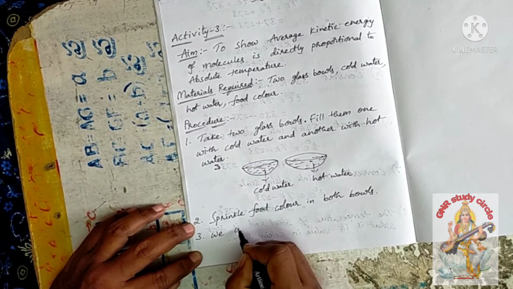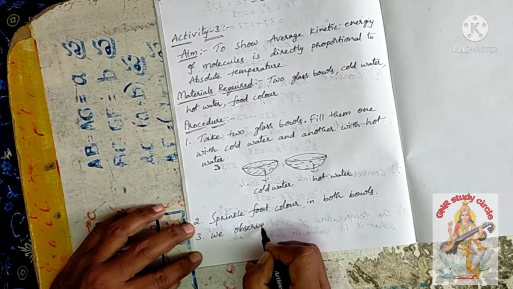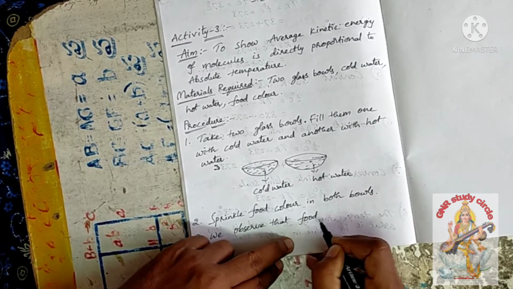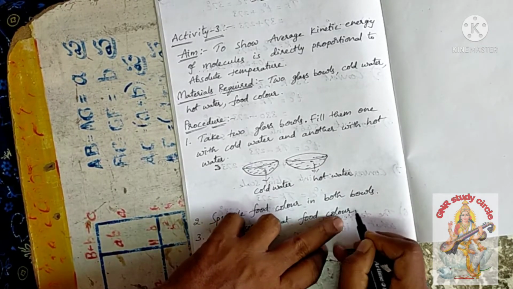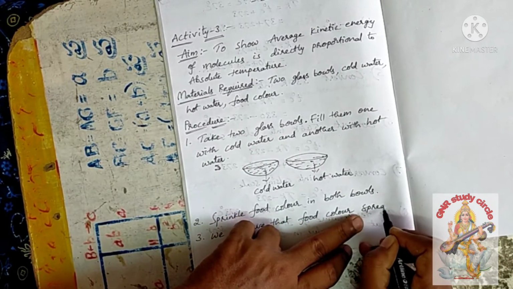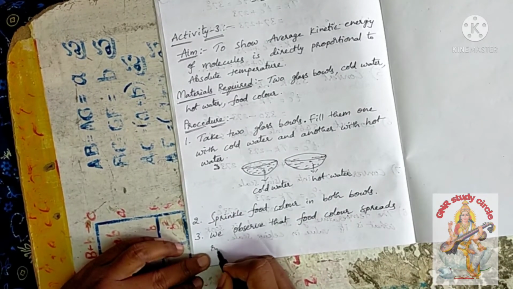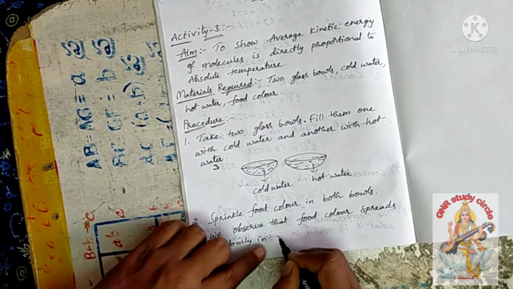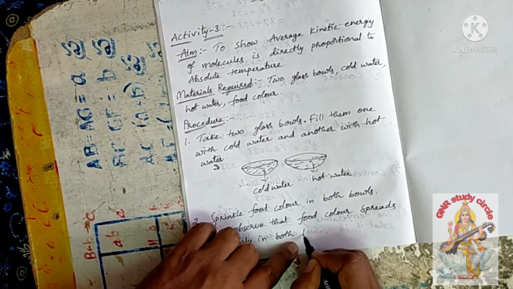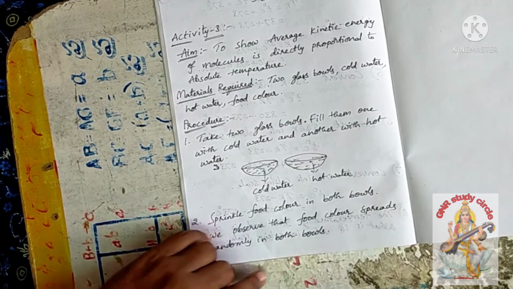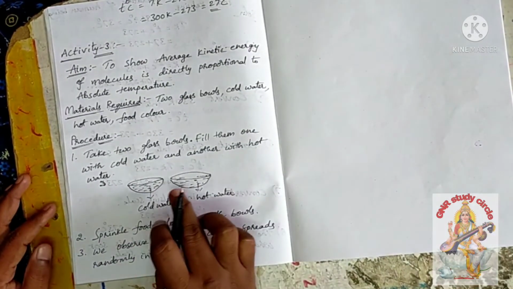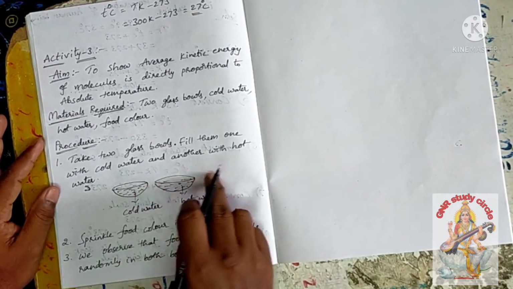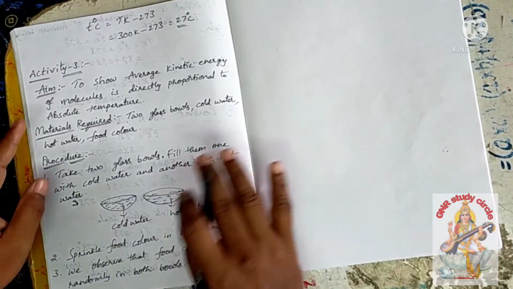We observe that food color spreads randomly in both bowls. So when you sprinkle food color in both bowls, we observe that food color spreads in both bowls randomly.